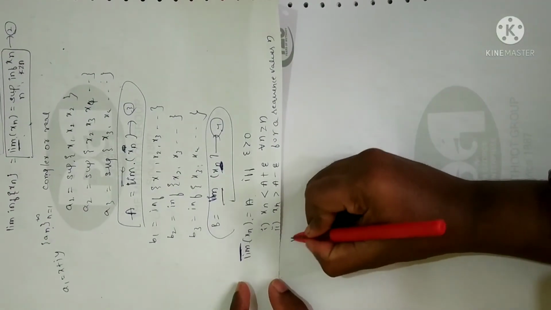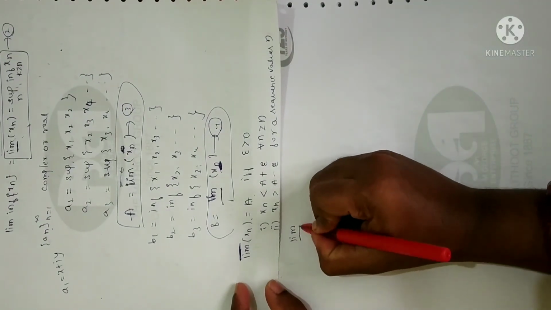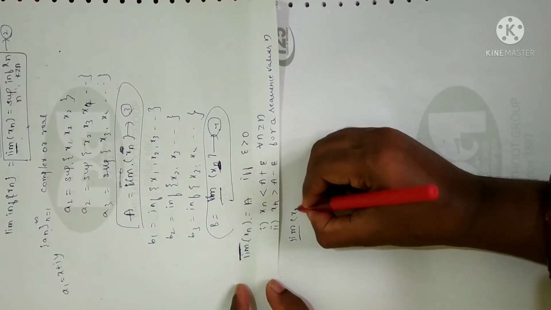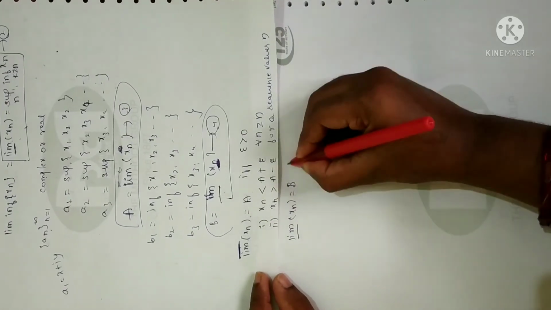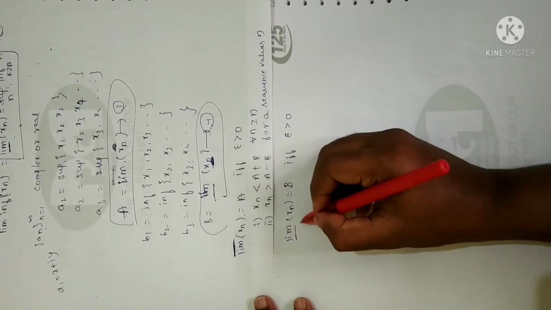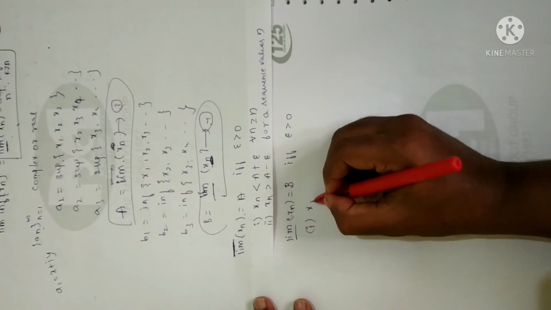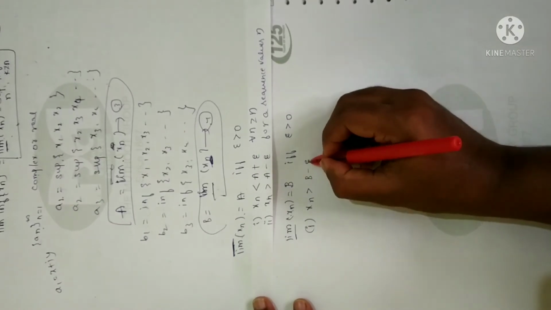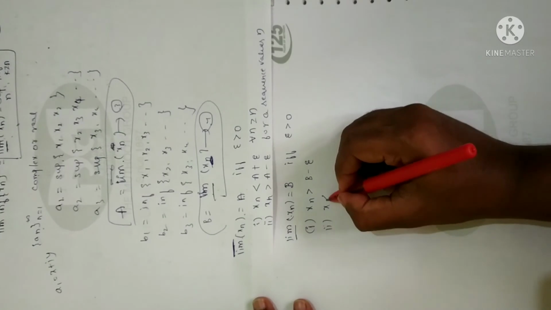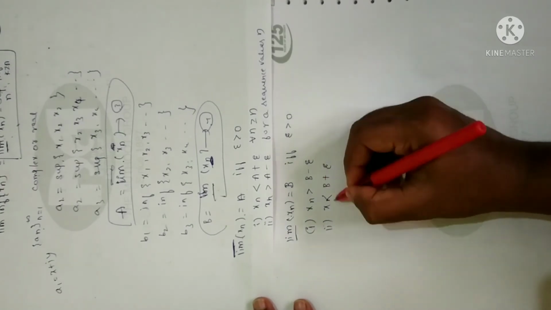This is for set A. Similarly, I can define for set B as limit infimum. Set B is the limit infimum, right? So the limit infimum of xn will be exactly equal to b if and only if, for any epsilon greater than 0 and for a positive integer n, it satisfies the condition xn greater than b minus epsilon, and the second condition is that xn will be less than b plus epsilon.